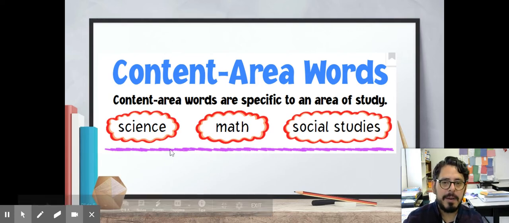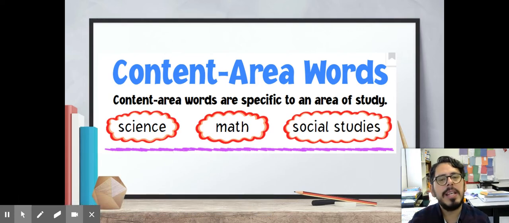So content area words are words that we mostly only find in specific areas of study. So if we are reading a science book or a science article or a science story, it's very likely that we find words that we can only find in those type of texts.